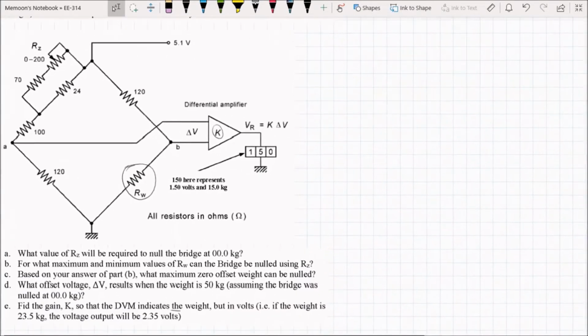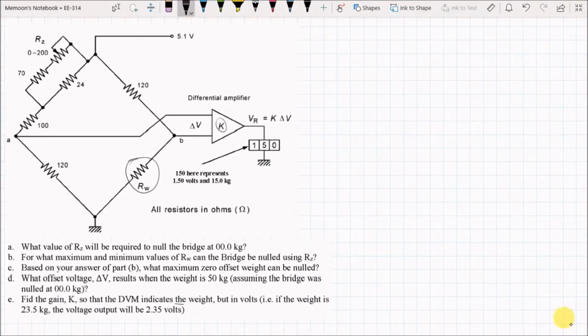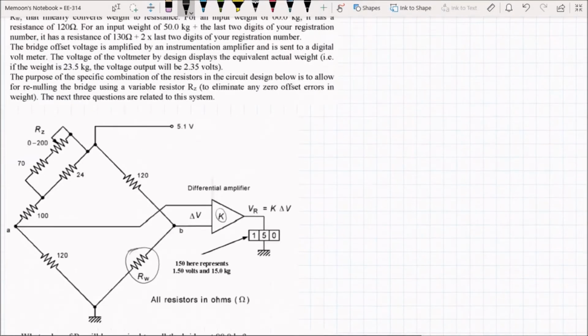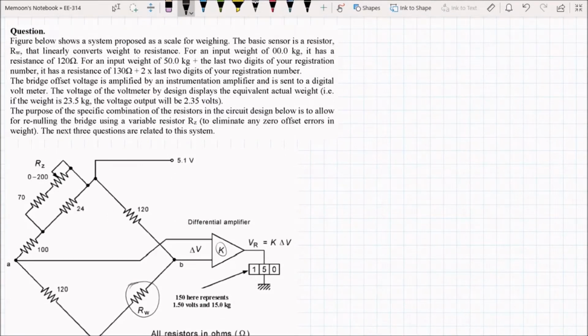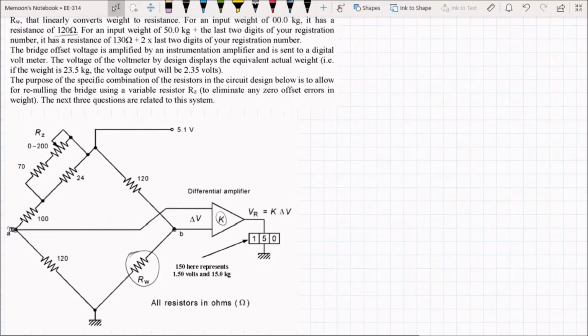So our question stated: what value of Rz will be required to null the bridge at 0 kg? So at 0 kg, the value of Rw was 120 ohms. So let's find out what would be the value of Rz to null this bridge. At null point, Va would be equal to Vb. So what would be the value of Va? 120 over 120 plus the equivalent resistance of this branch.